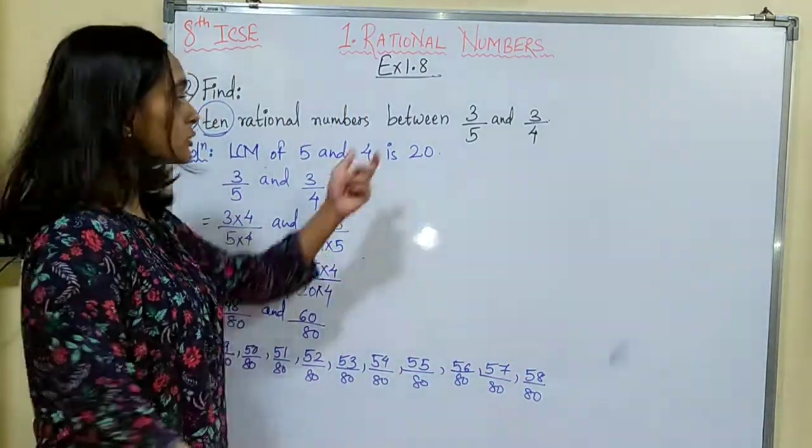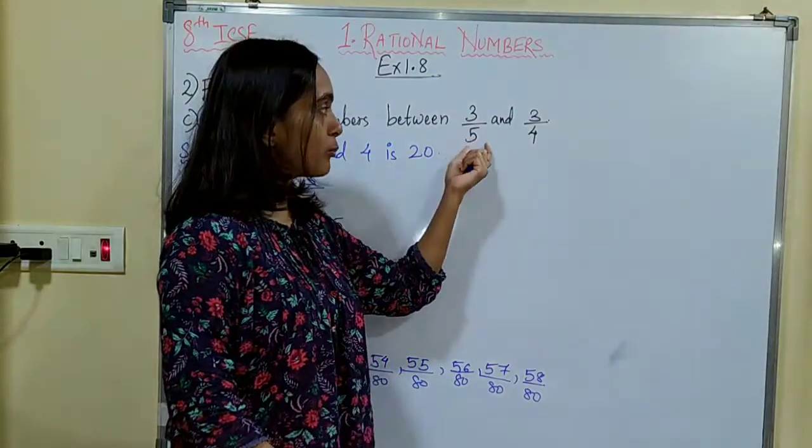These are the 10 rational numbers between 3 upon 5 and 3 upon 4.